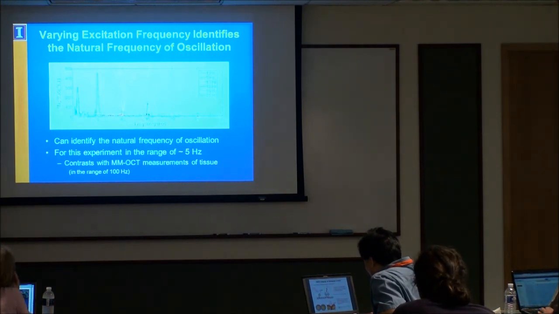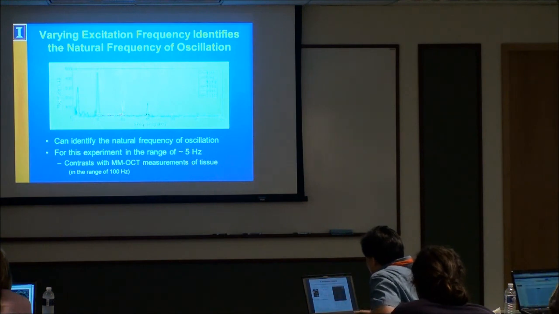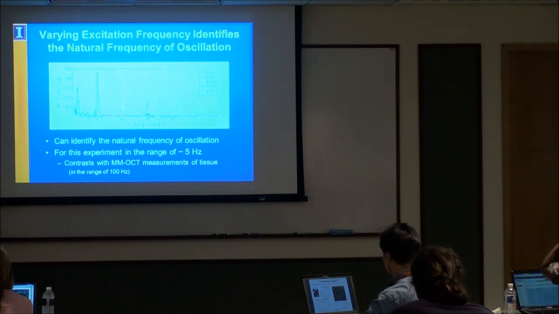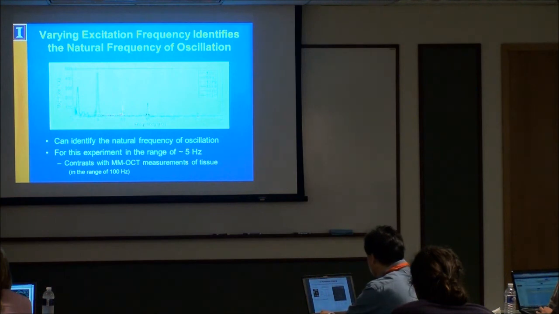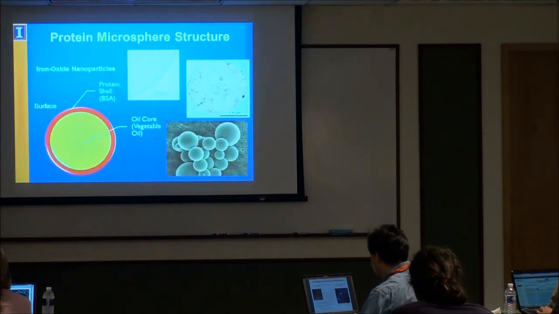So the resonant frequency of that single cell was, to our estimate, around 5 hertz. And that's very different from the magnetomotive OCT measurements of tissue, which happen to be in a range of about 100 hertz. So the tissue as a bulk seems to be stiffer than that single cell that we were measuring.